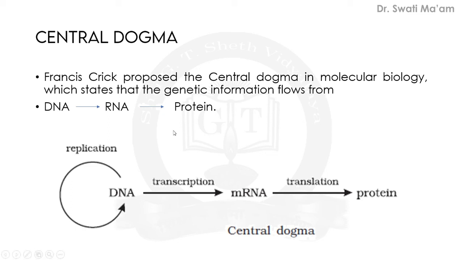So this is another scientist's name. Actually, all the findings are regarding DNA, and this central dogma states that the genetic information flows in this direction. Which direction? From DNA to RNA, and then from RNA to protein.